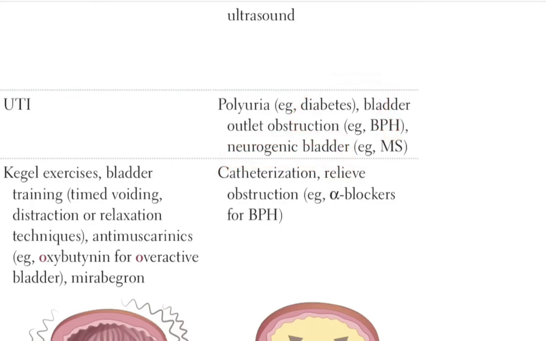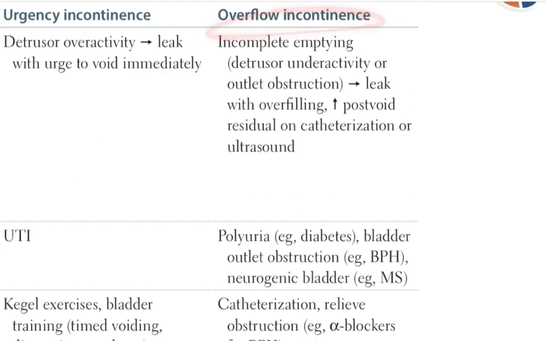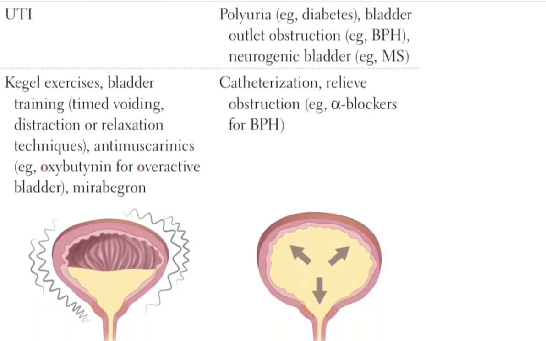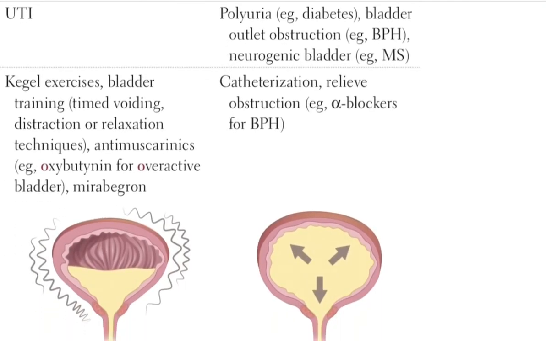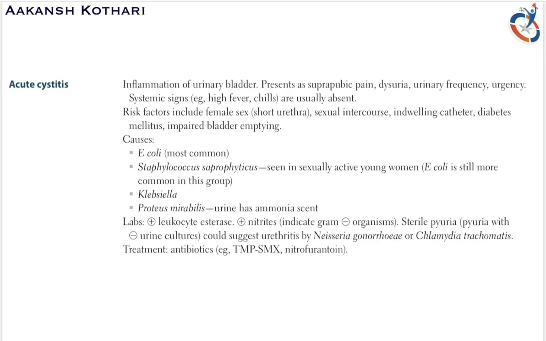So if a patient presents with multiple sclerosis, it eventually indicates overflow incontinence. Am I clear? The major treatments include catheterization whenever required and relieving the obstruction by using alpha blockers. Am I clear?